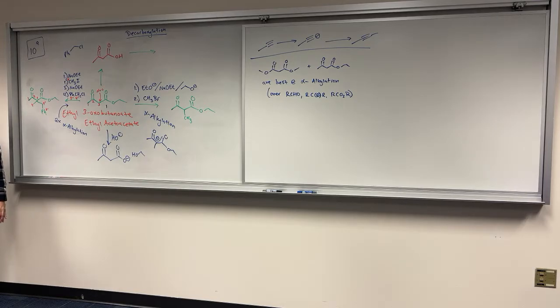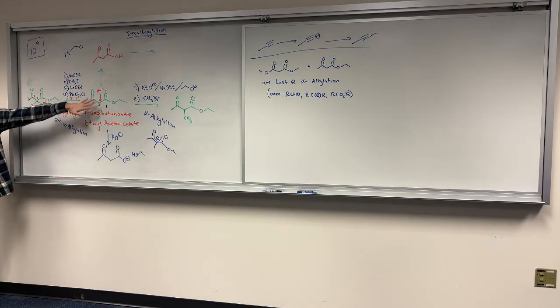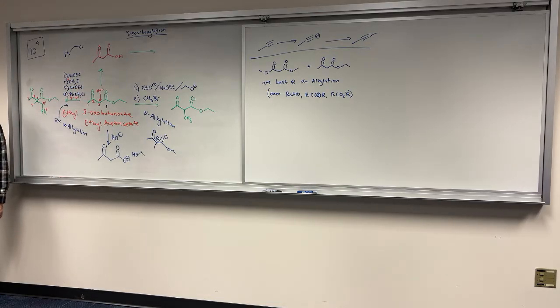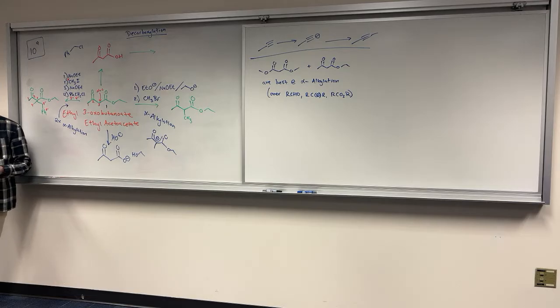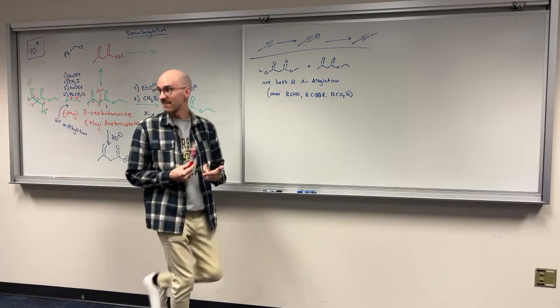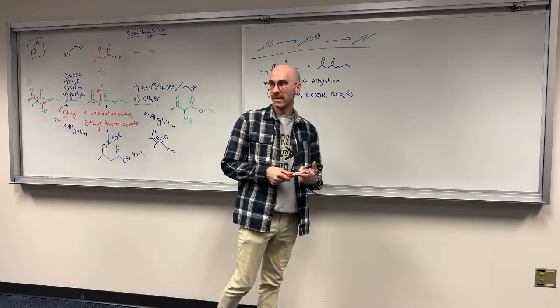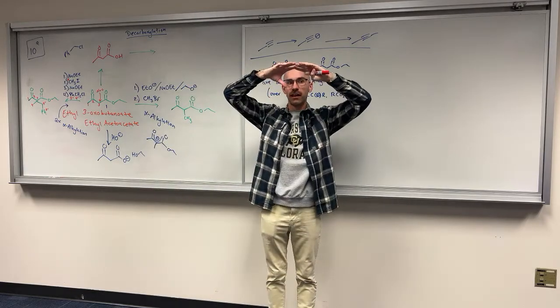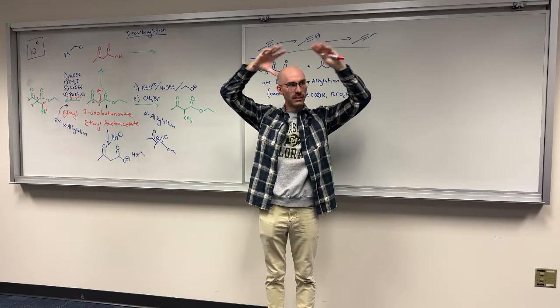Chromic acid, CrO3 with H2SO4, will not do anything here. Not a bad guess. How do I make a carboxylic acid from an ester? I hope you're thinking of that diagram that is god-awful, right?